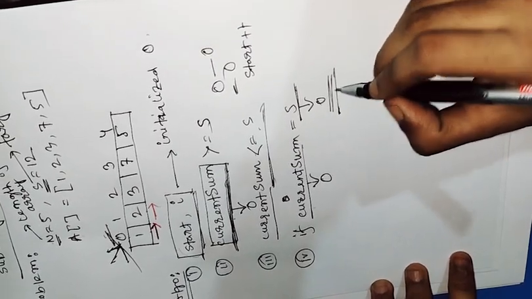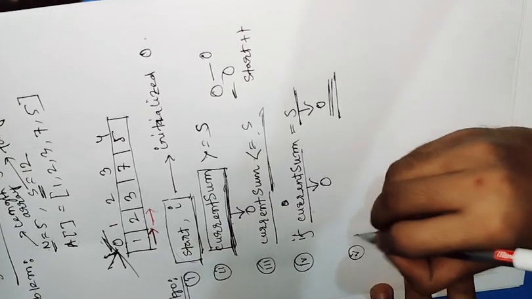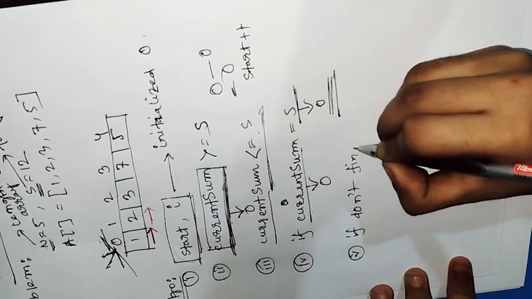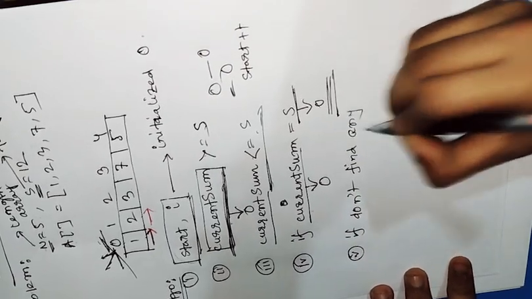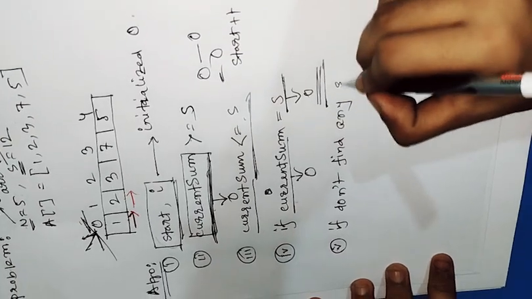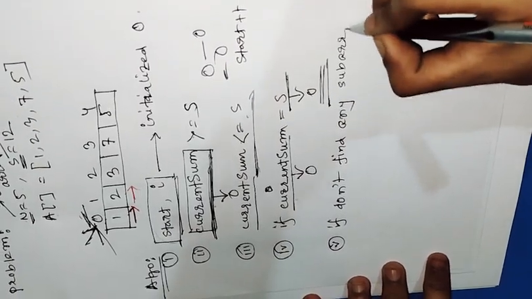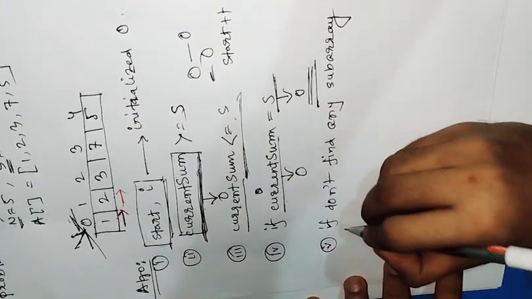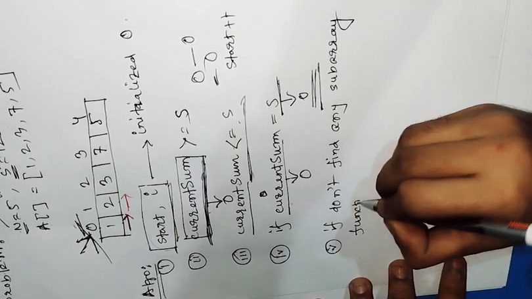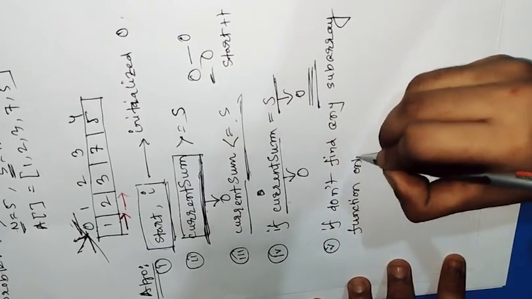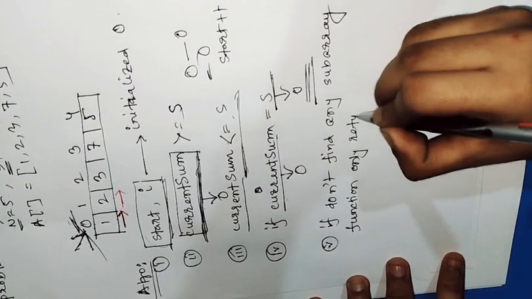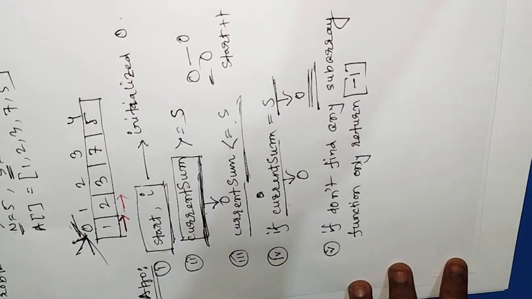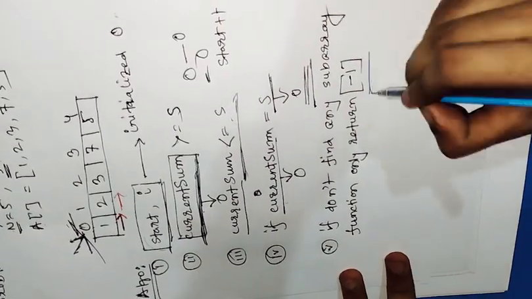At last, if we don't find any subarray, that time the function only returns -1.